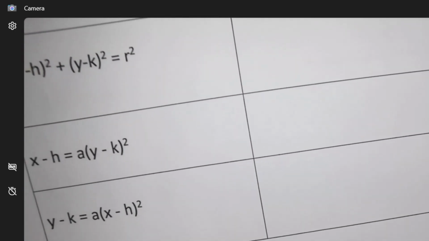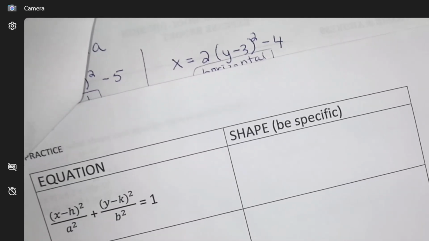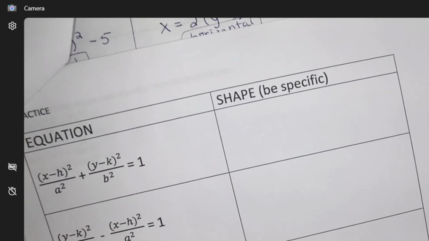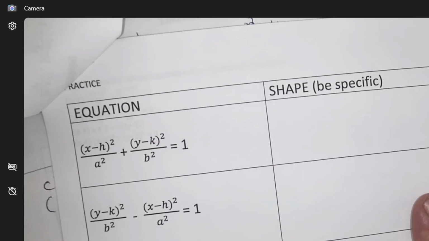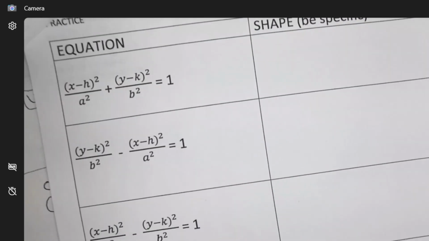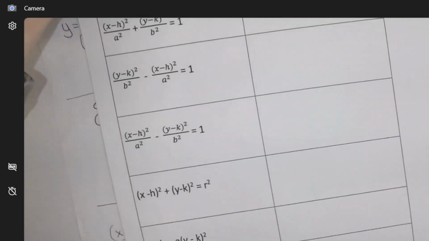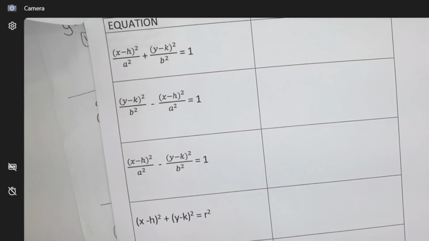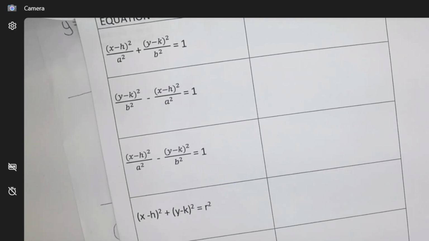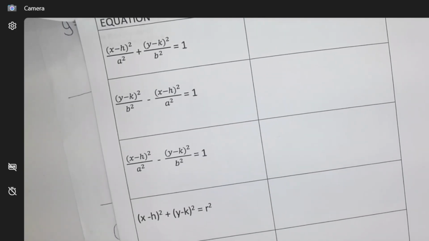Okay, let's go to this page. Okay, who can identify the equation that is the parabola from grade 10? So the regular vertical parabola, which one of those is it?